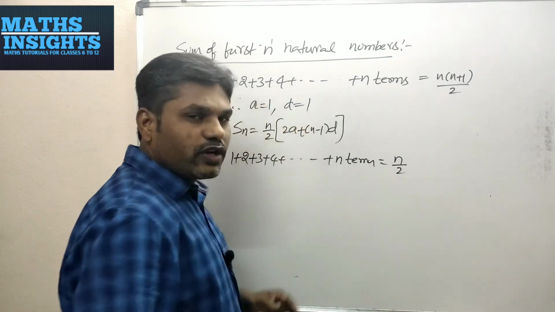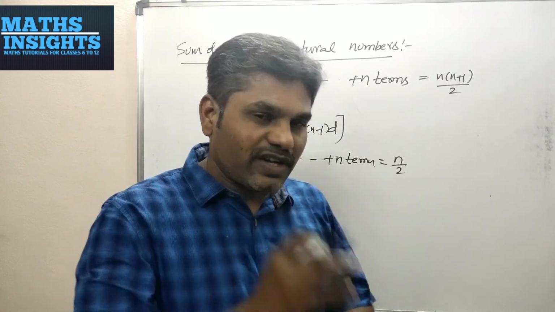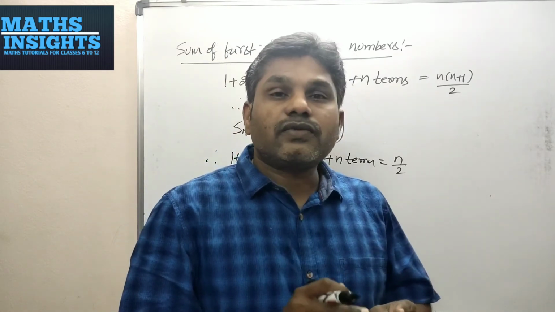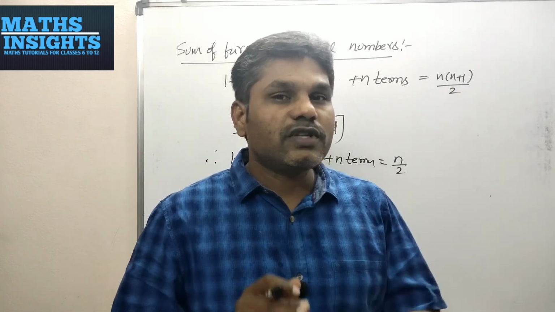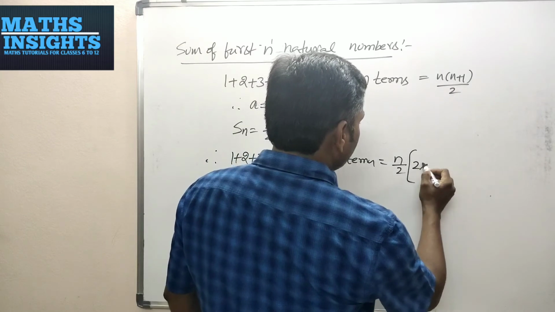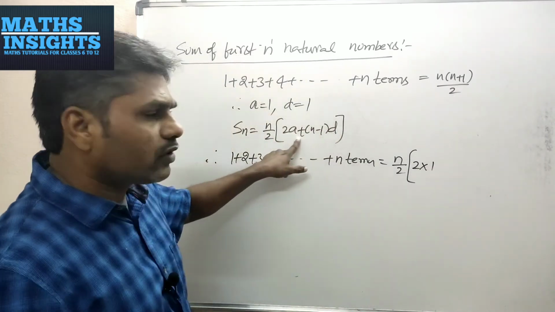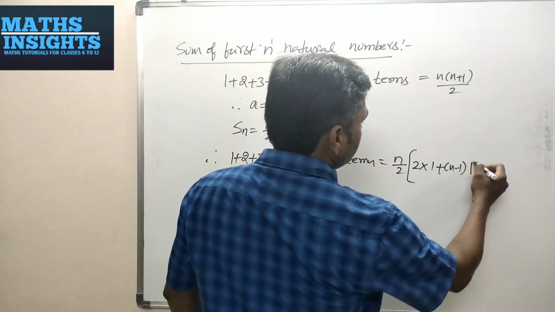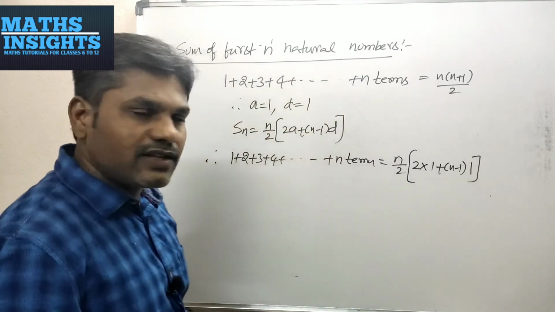Why? Because I am going to find the sum to n terms. If you want to find the sum of the first 5 terms, then n is to be replaced with 5, right? So n by 2 into 2a, 2 into 1, plus n minus 1 into d. d is also 1, so I am writing d as 1.